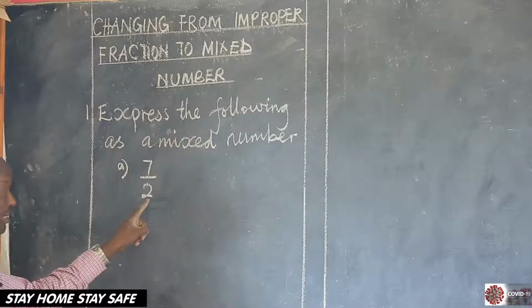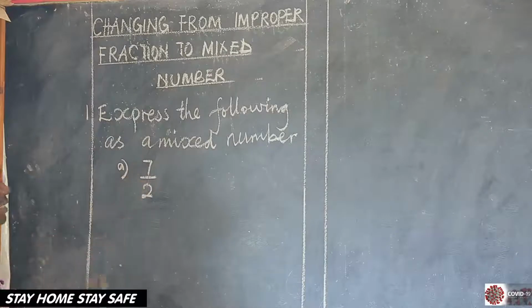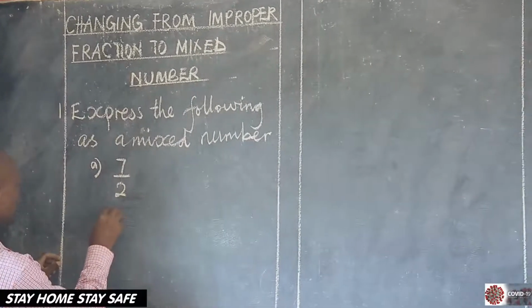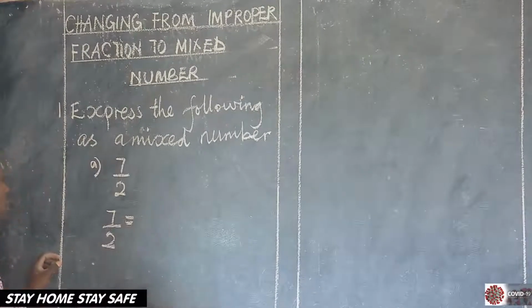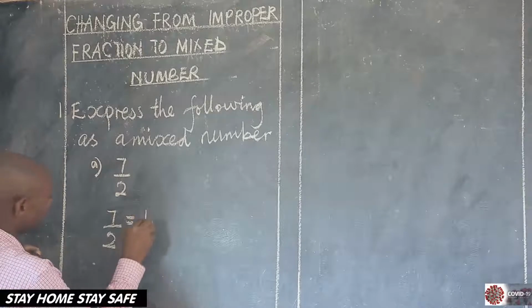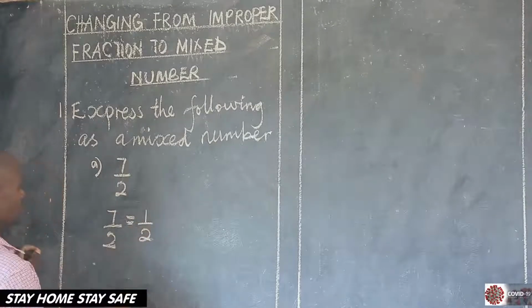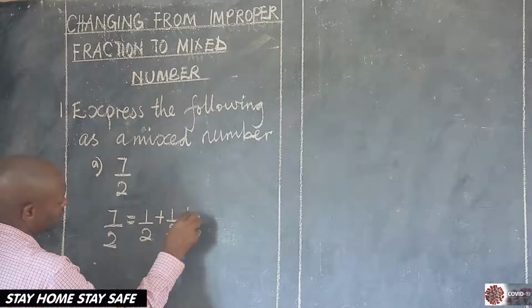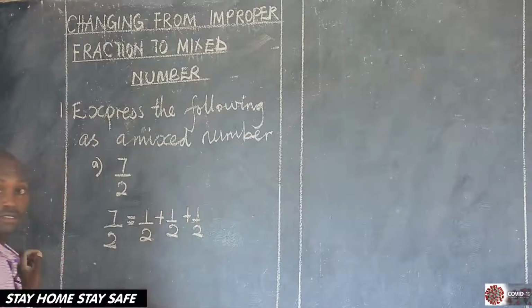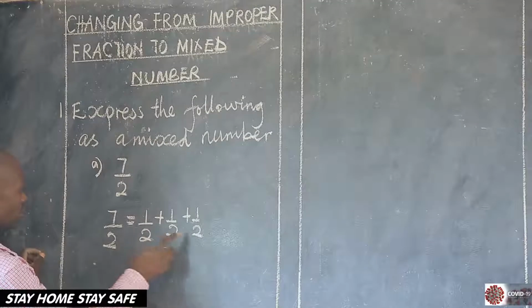So if these are 7 halves, can I come here and write my 7 halves? I have a half, then I add on a half, I add on another half. How many are these so far? 1, 2, 3.